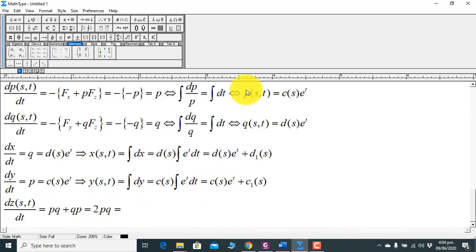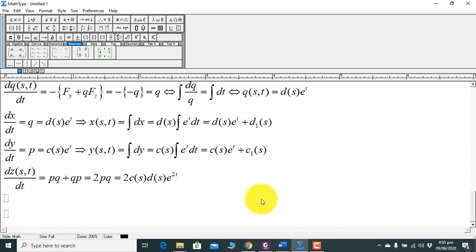It means that p is c of s, so you will write c of s, d of s, e to power t, e to power t. Bases are same, so the powers will be added up, so the answer will be 2t. Now integrating both sides, in the next step the answer for z will be what?